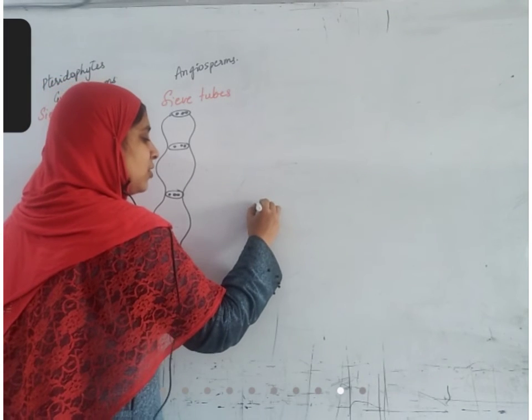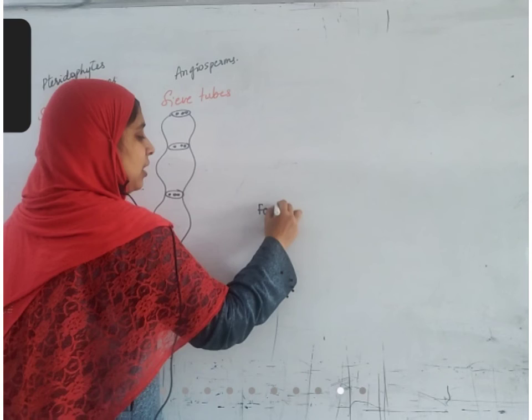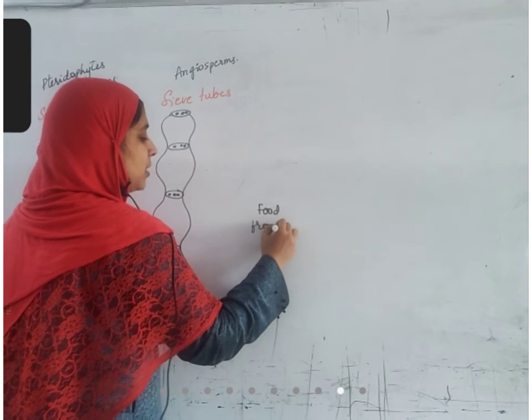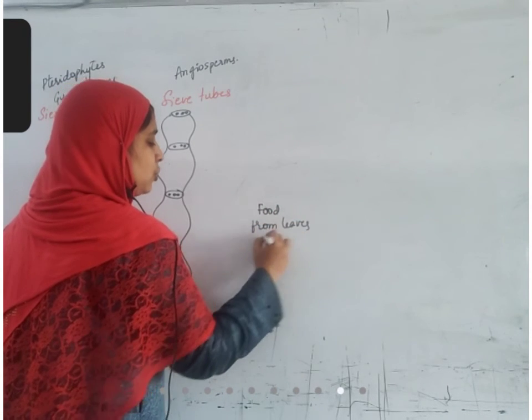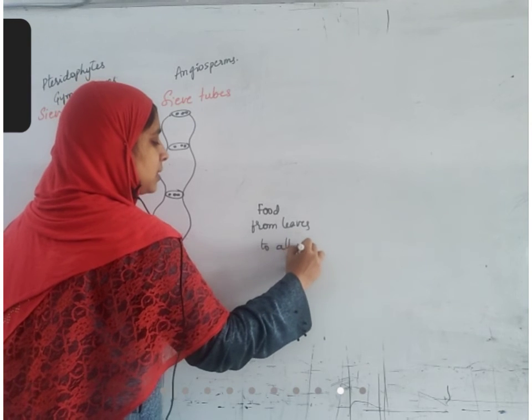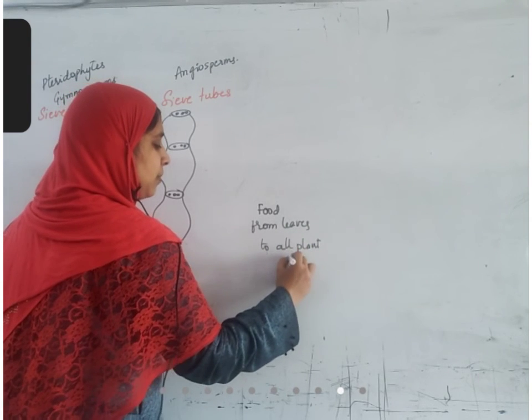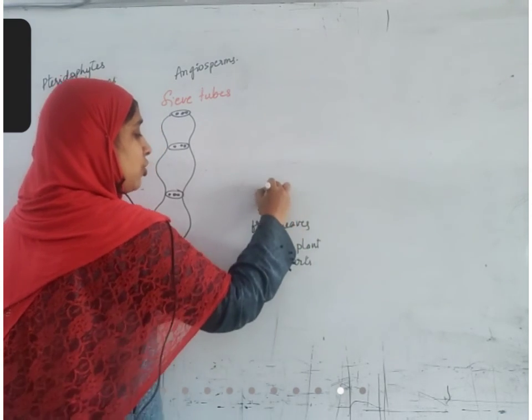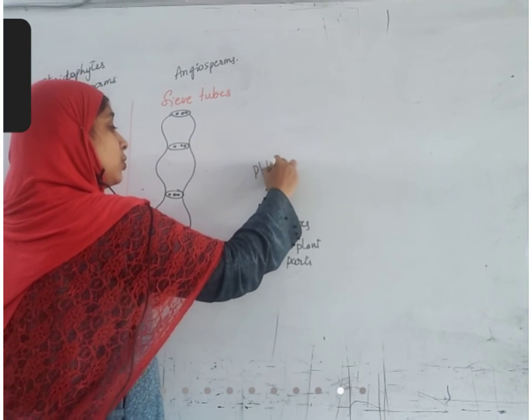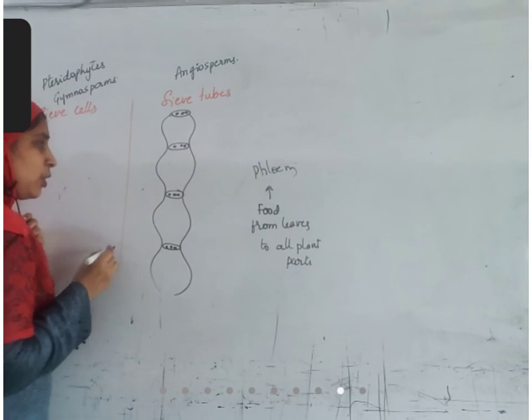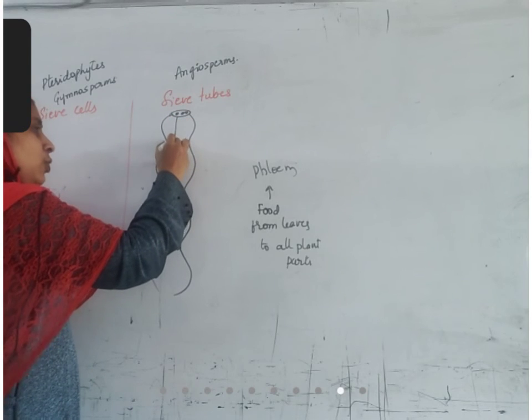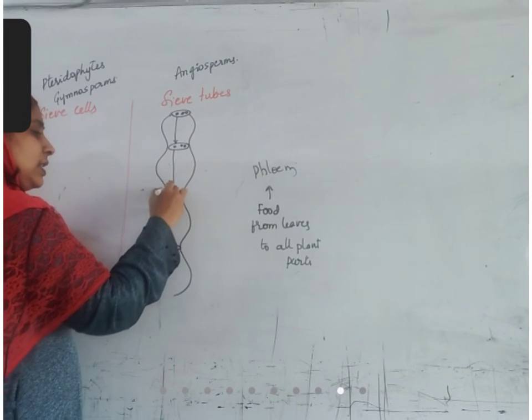Phloem tissue helps in transport of food material from leaves to all parts of the body, leaves to all plant parts. So this is the function of phloem tissue. When it is transporting food material from one sieve pore to another sieve pore, it is able to pass like this.